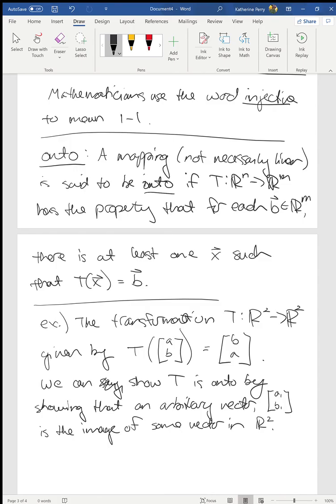And so if this is my vector here, then I just need to find a vector that when I apply T to it is sent there.